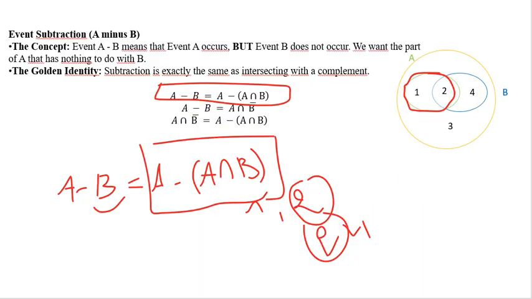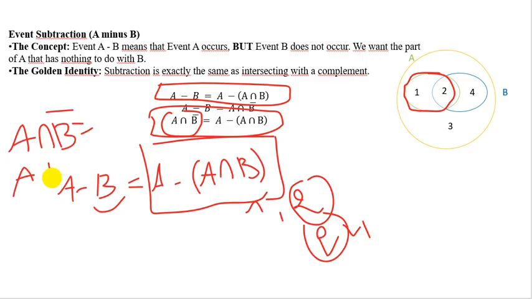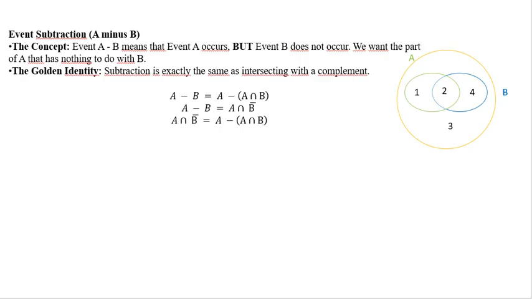We have this formula: A inter B bar is A minus the intersection, so this A inter B bar also is simply A minus B, and it is written here in this formula. So A minus B is A inter B bar, and those formulas are very important.